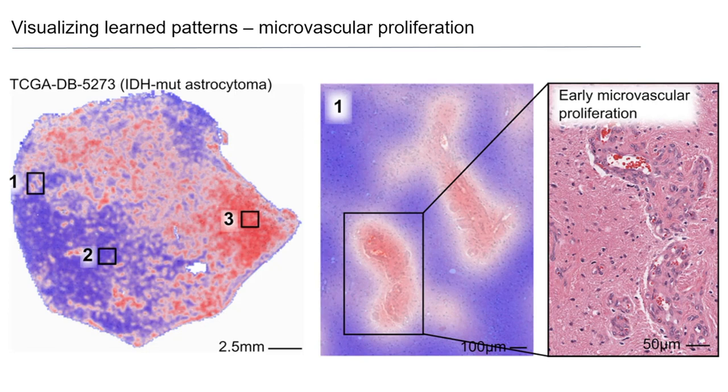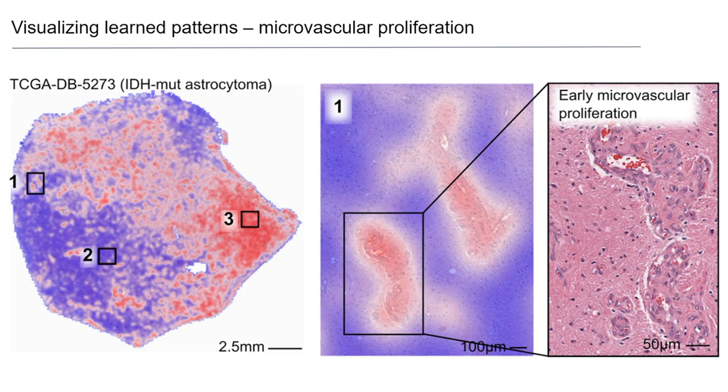So, this model is somewhat of a black box, but what we can do is to use it to sort of paint the entire slide with colors that indicate areas that correspond to high-risk patterns or low-risk patterns. And when you do this, you see some interesting structures that are identified as high risk that are consistent with the grading criteria used by pathologists.